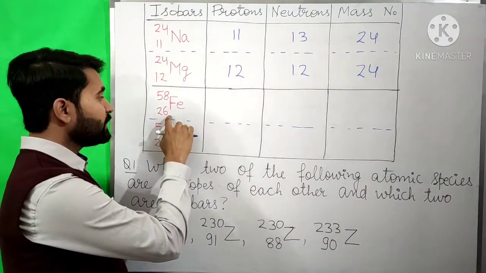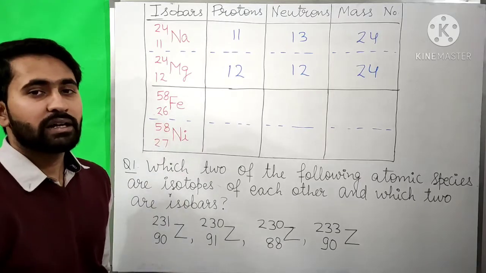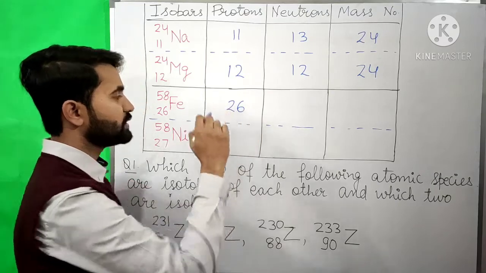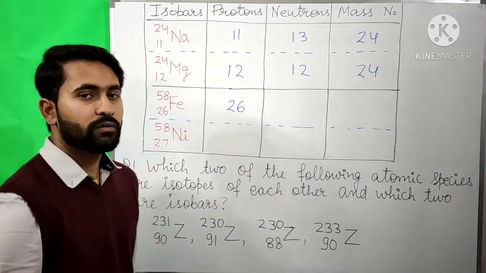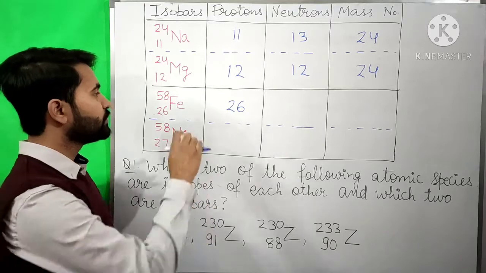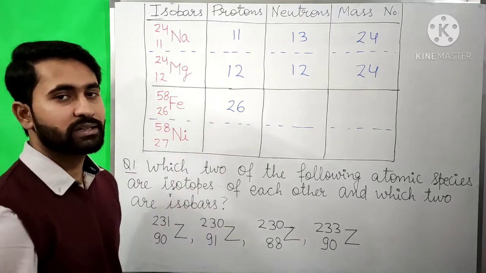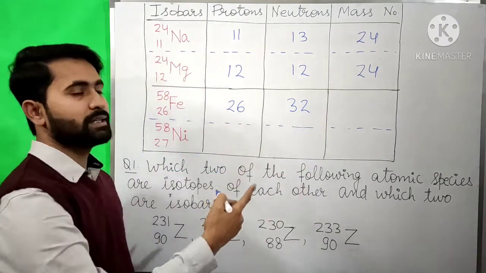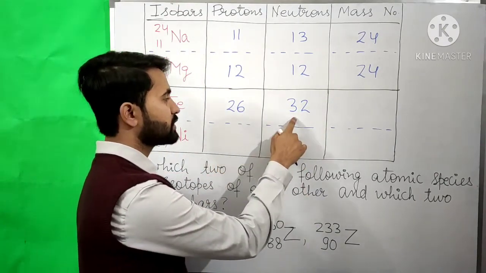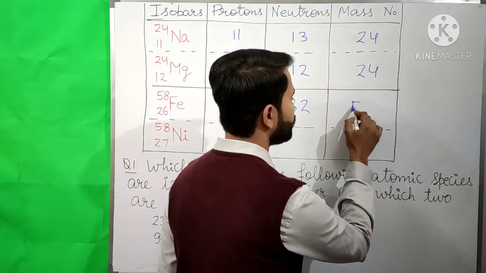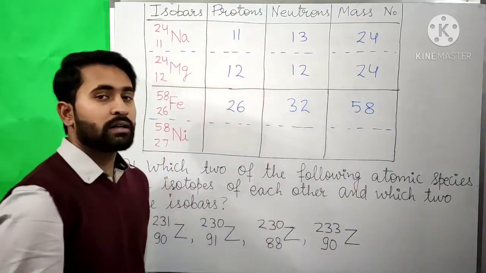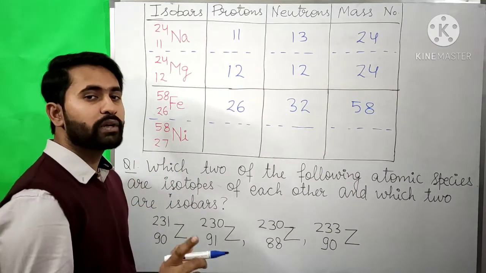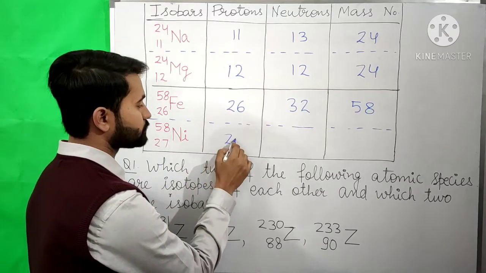Now in 26Fe58, it will have 26 protons in it, and the number of neutrons will be equal to 58 minus 26, that will be equal to 32. Now the mass number will be 26 plus 32, that is equal to 58. Now in the case of 27Ni58, it will have 27 protons in it.